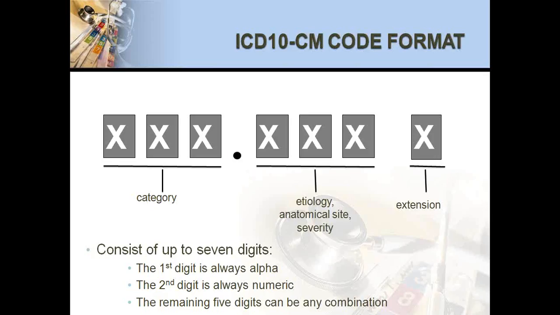In ICD-10, most of your codes are going to be between 4 and 5 digits, maybe 6. The 7th digit extension is only used in certain situations, so don't worry about coding all the way out to the 7th digit unless it's warranted.